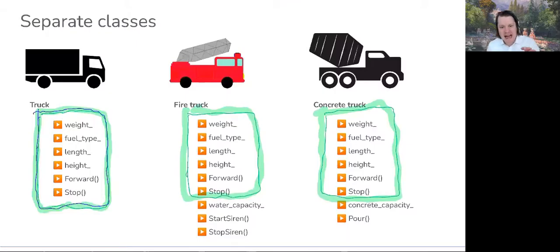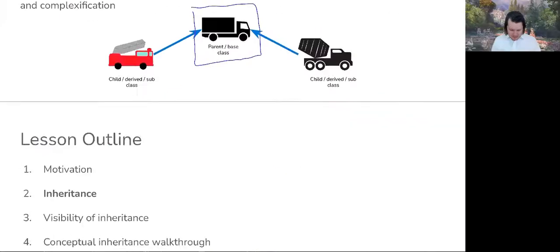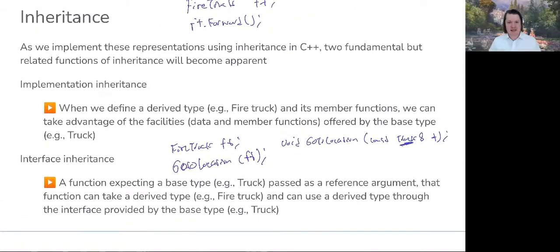And the reason is that fire truck and concrete truck inherit the interface of truck. So the things that a truck can do, such as forward, stop, maybe we define reverse, are guaranteed to be supported by all of our derived types from truck. So that's what's meant by interface inheritance: the derived types are inheriting the interface of the base class.